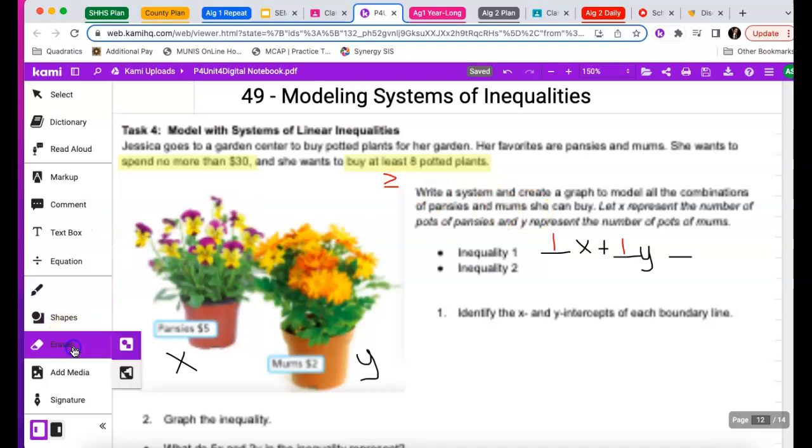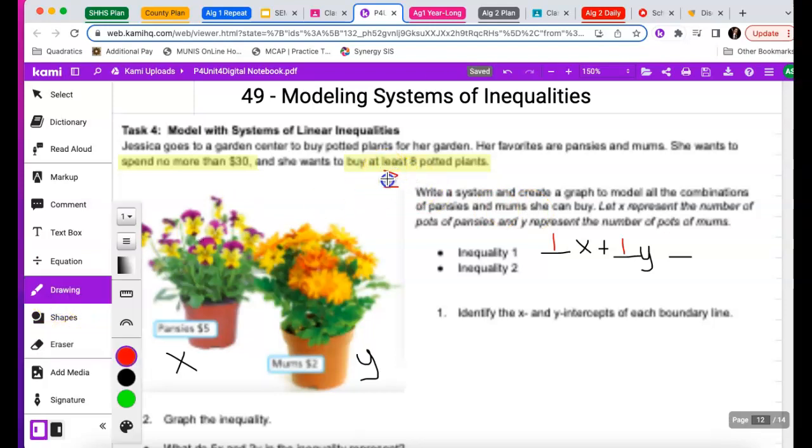So we're going to use the symbol greater than or equal to, and then since we want to buy at least 8, the total has to be 8. So 1X plus 1Y is greater than or equal to 8. Now, that's the total number of flowers that she wants to buy.